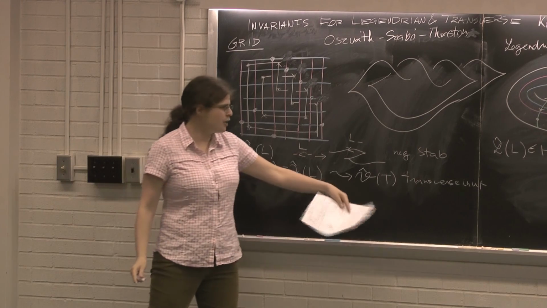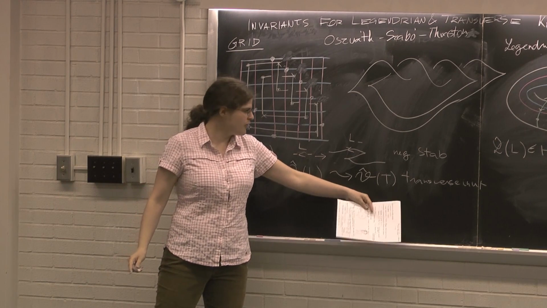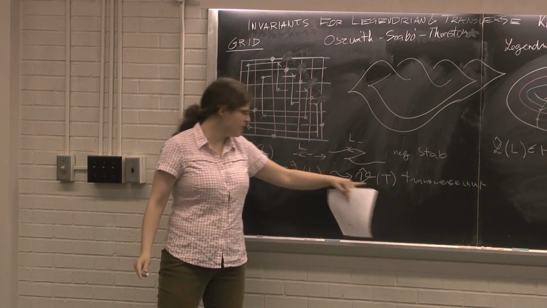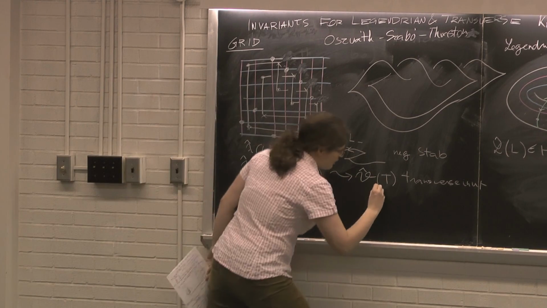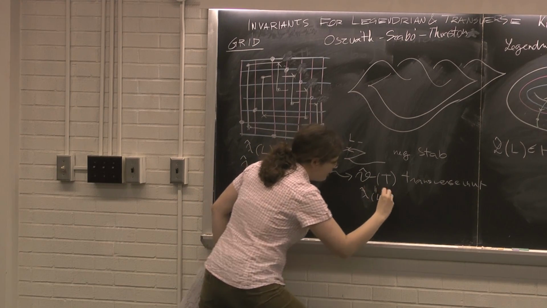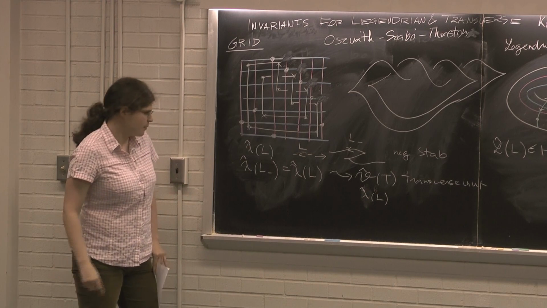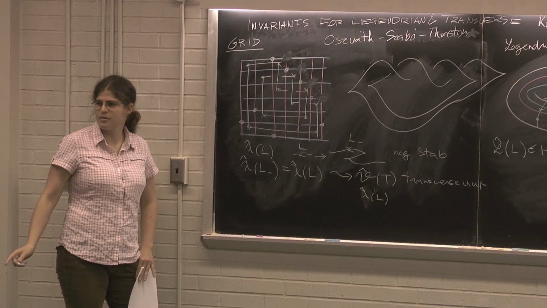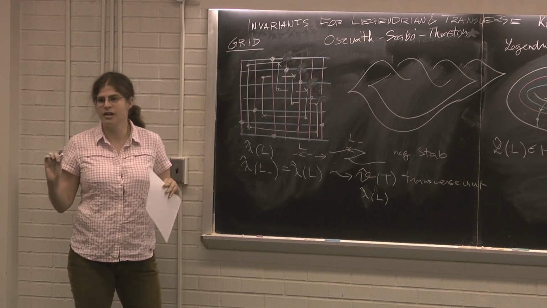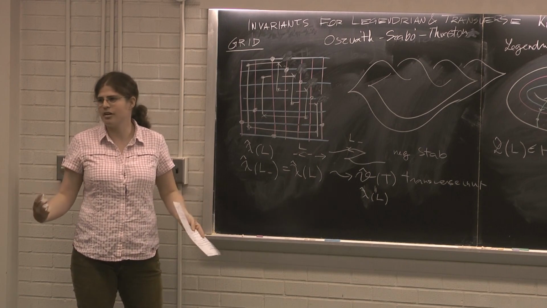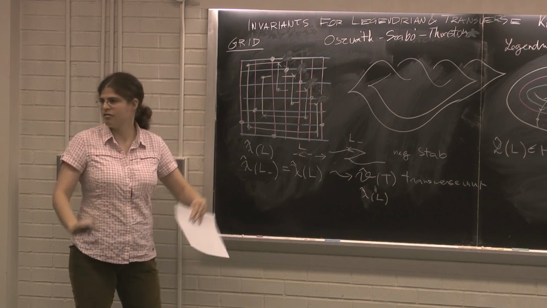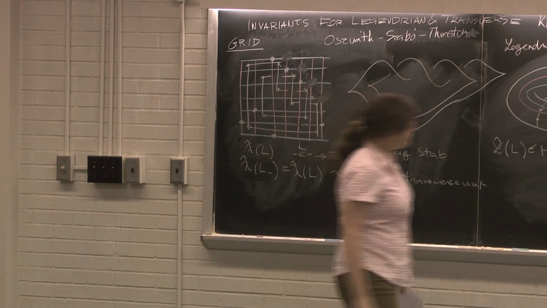So this invariant is defined just by taking lambda hat of L for any approximation of it, and that's going to be the same thing. And if you just in theory have a transverse invariant, then you can always define a Legendrian invariant which has this property. So these are sort of equivalent notions.